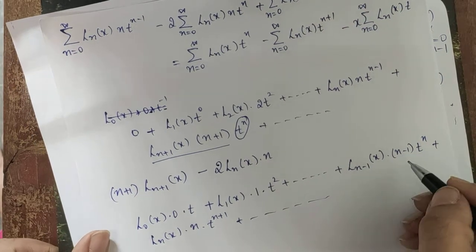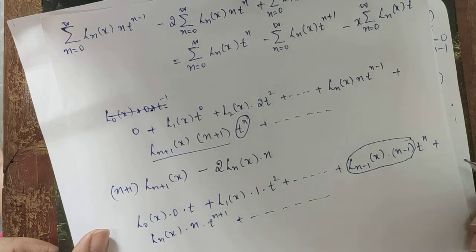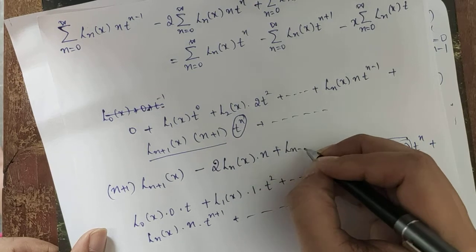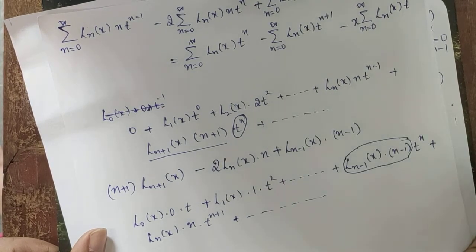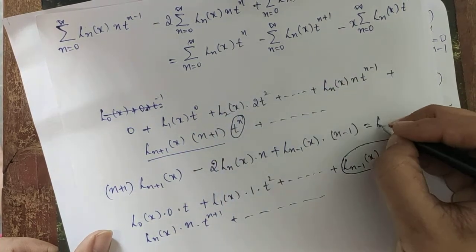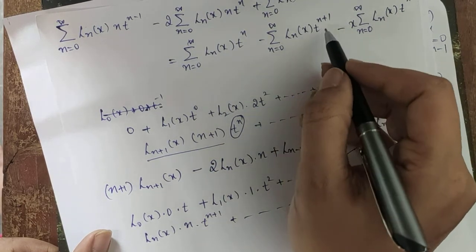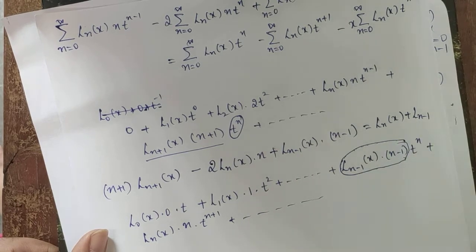Again, the coefficient of t power n is Ln minus 1 into n minus 1. So plus Ln minus 1 of x into n minus 1, right? So this is equal to Ln of x. So again, the coefficient of t power n, I can write this as Ln minus 1.